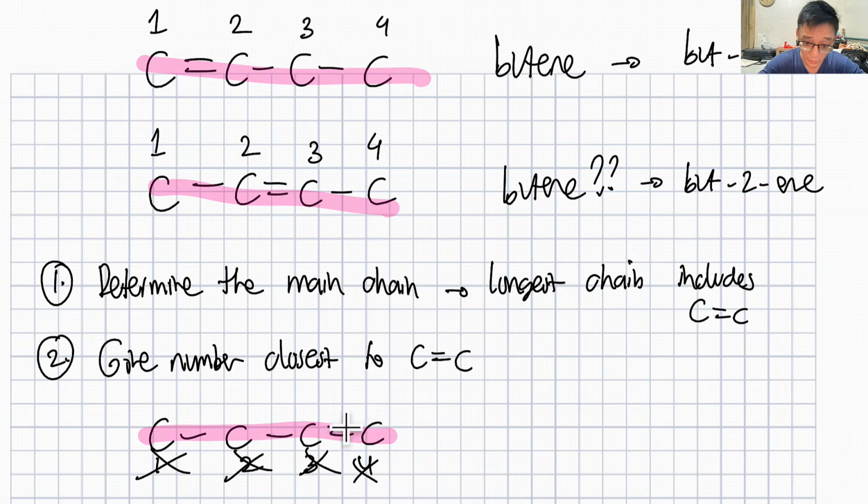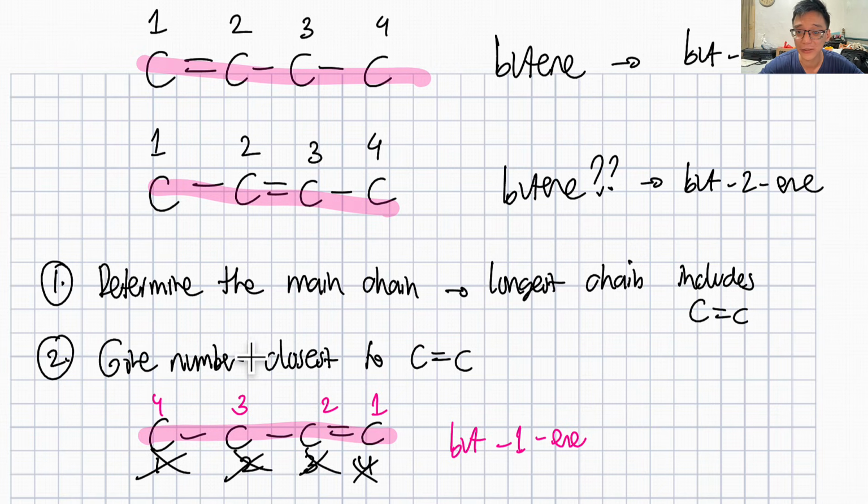The closest to the carbon-carbon double bond is actually here, so 1, 2, 3, 4. We can start the numbering from left to right or right to left. In this case, it is still but-1-ene. So here is how you can draw alkene.